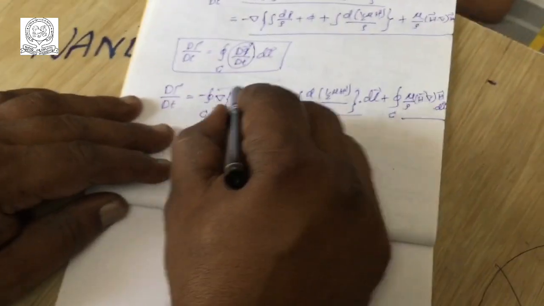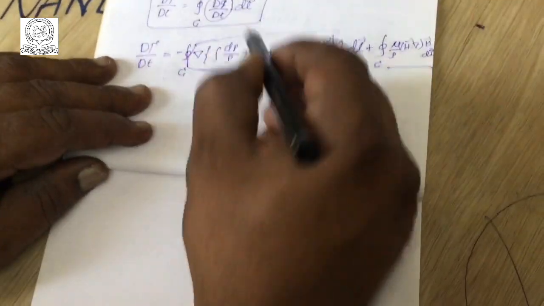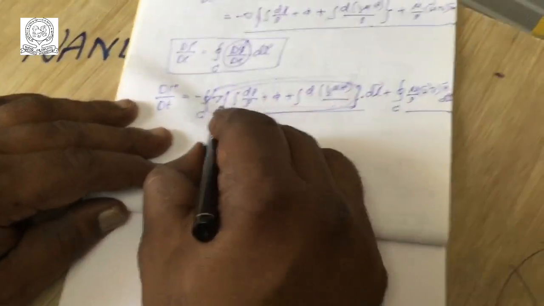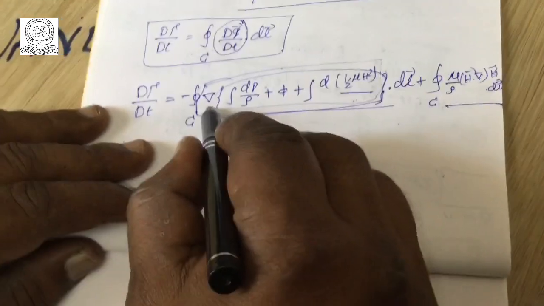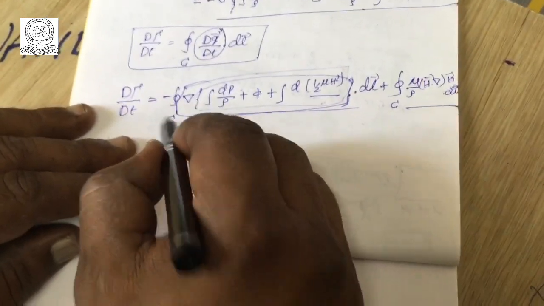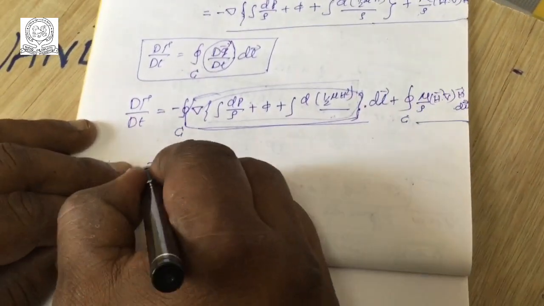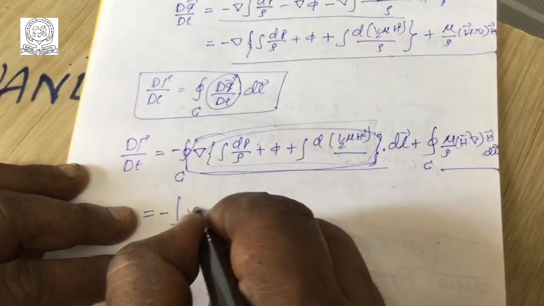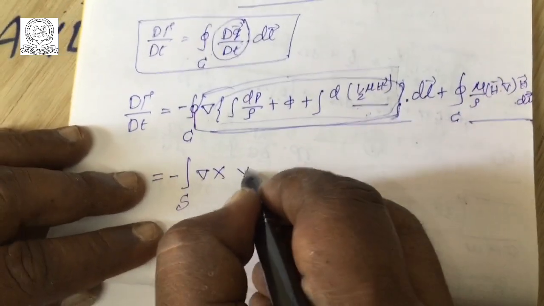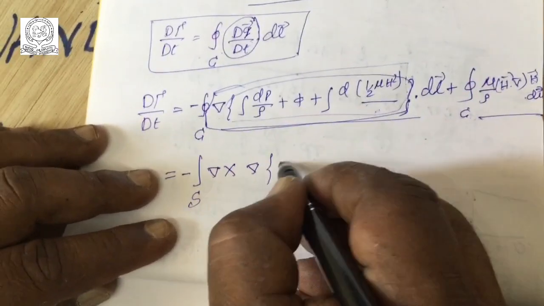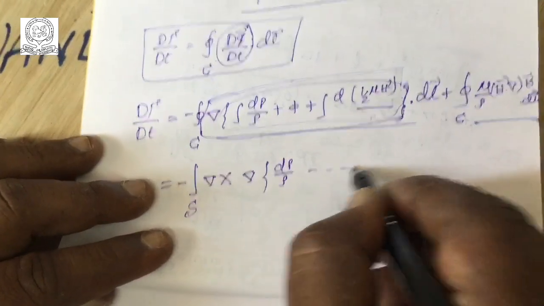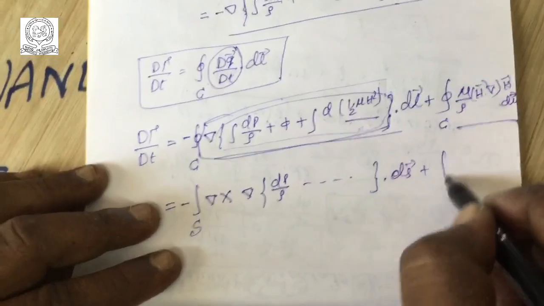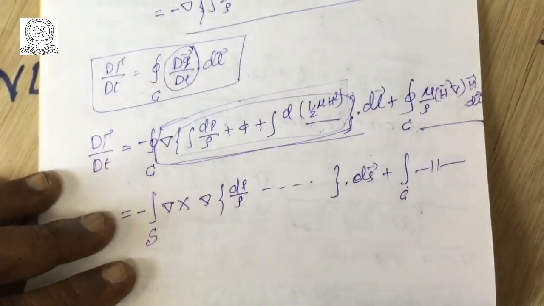Now this is like a vector, because you know the gradient of any scalar is a vector, and we have a line integral. By using Stokes theorem, you can write this as minus the surface integral of curl of gradient of dp by rho and the same terms dot ds, plus the remaining integral as it is.